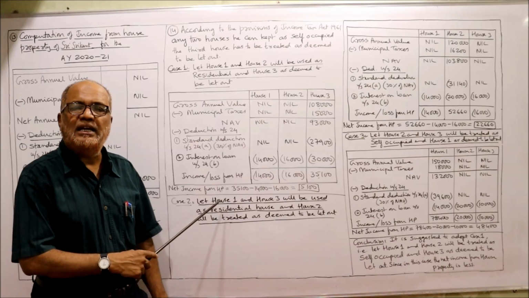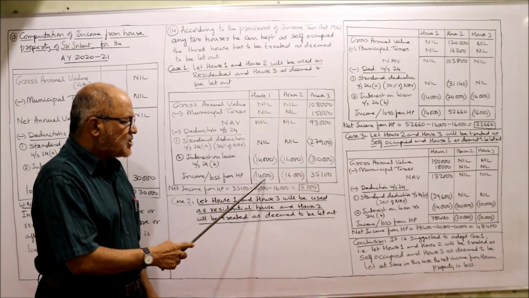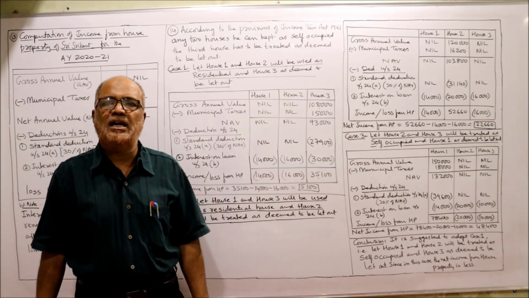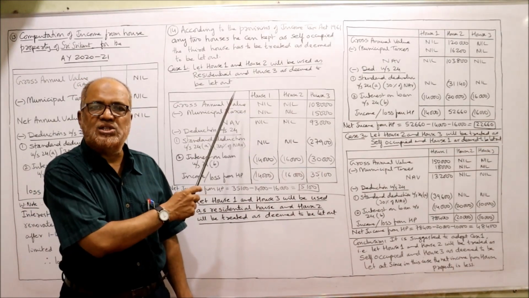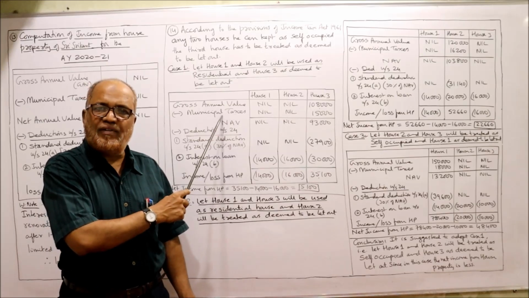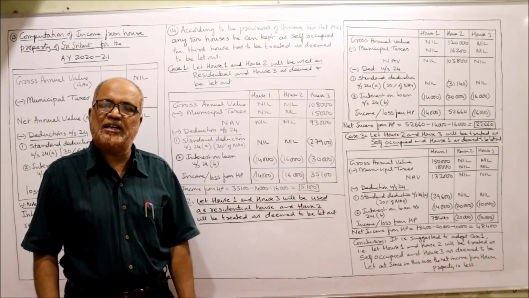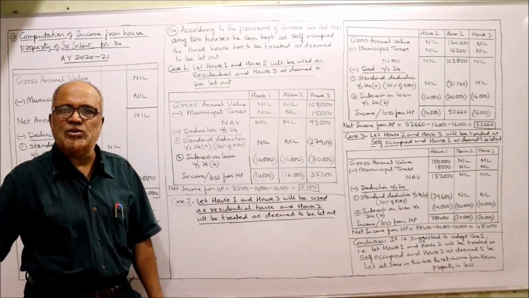Now we will find out the net income from house property. So 35,100 minus 14,000 minus 16,000, 5,100 is the net income from house property in case 1. So if the SSC has chosen first and second house as self-occupied, third house is deemed to be let out, in that case, the net income from house property will be 5,100.